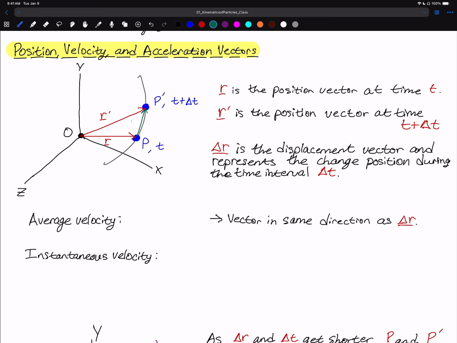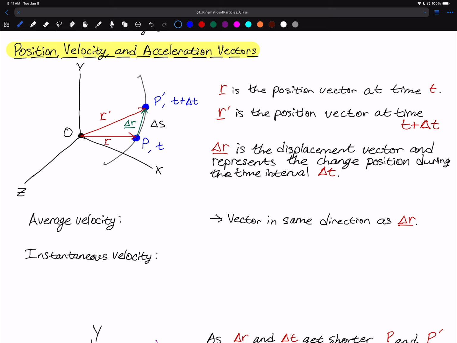We'll write this as delta R. In addition to that, the change in the curve we'll call delta S, and that is not a vector. So delta S here is the curve length from P to P prime.